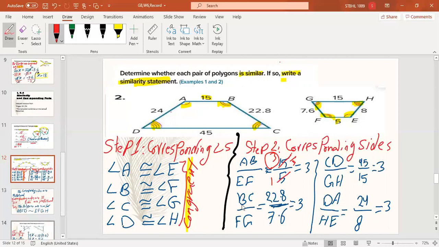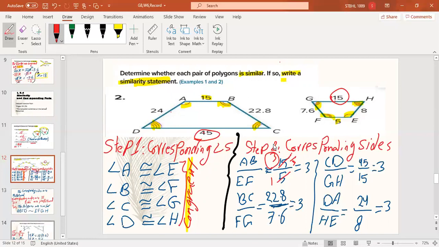Let's move to the other two sides. Line segment BC corresponds to line segment FG. So 22.8 over 7.6. And when you divide this, you will get it in the simplest form, equal 3. And line segment DC is 45, corresponds to line segment GH, which is 15.